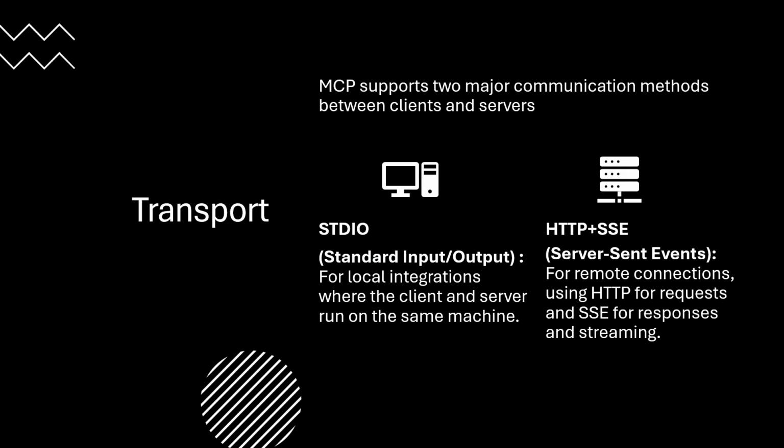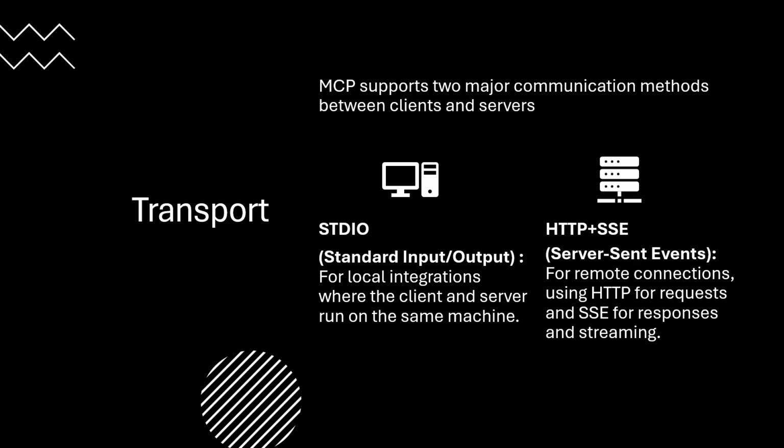Now let us have a look at the various transport mechanisms, or communication between the client and the server. We have two main communication types that it follows. One is the standard input-output format, where the client and the server run on the same machine, thereby allowing the communication to happen locally.